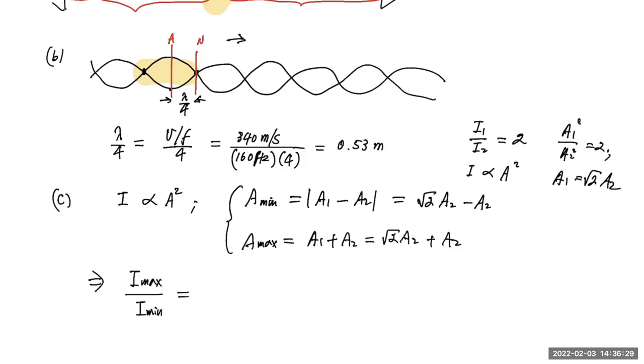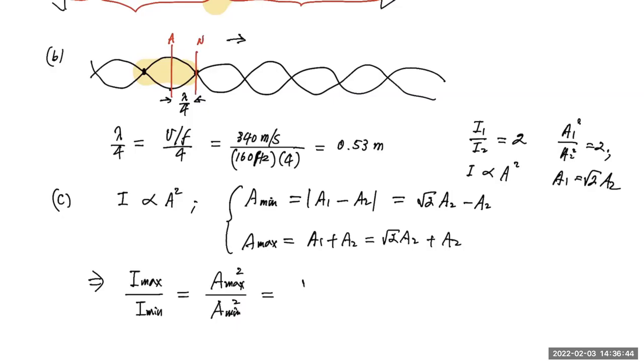Right? I maximum goes like A maximum squared, and I minimum goes like A minimum squared. Right? So now I can plug in the expressions for A maximum and A minimum.